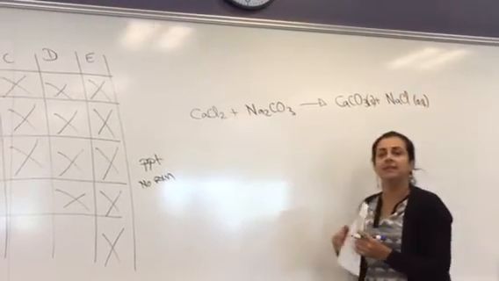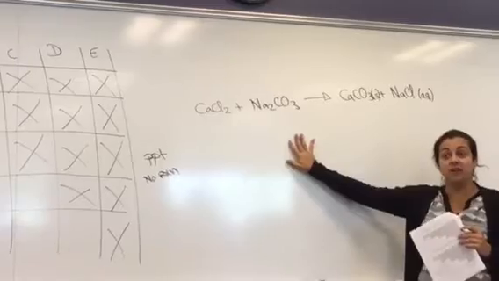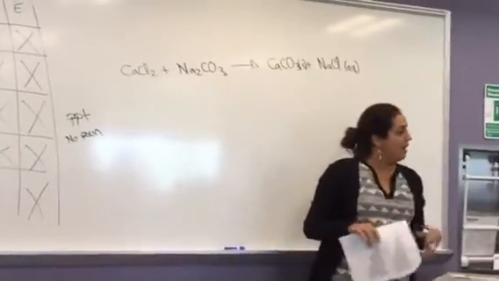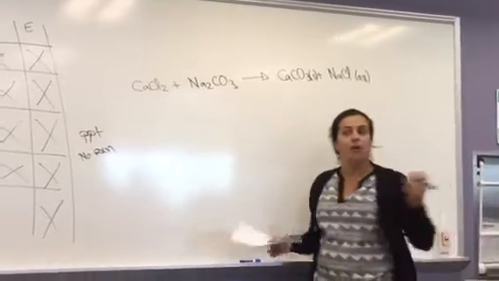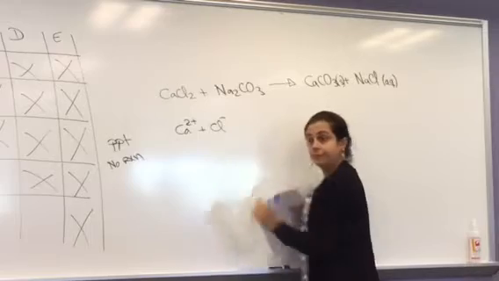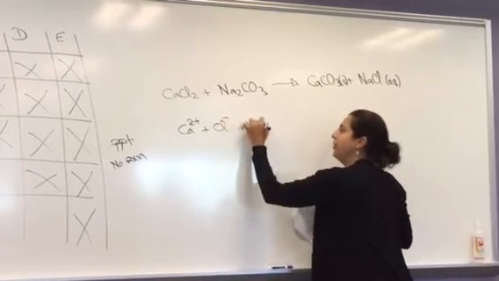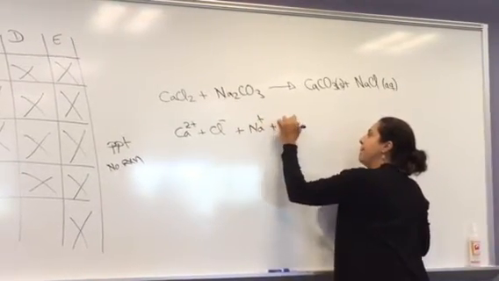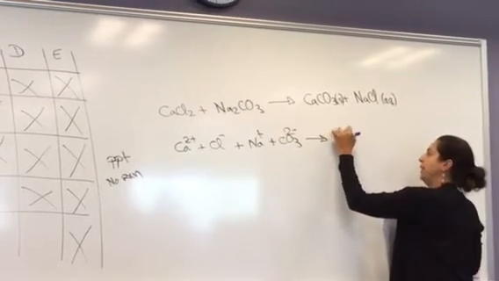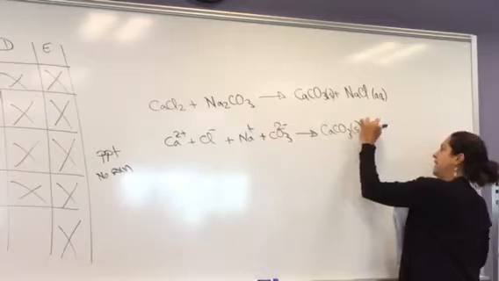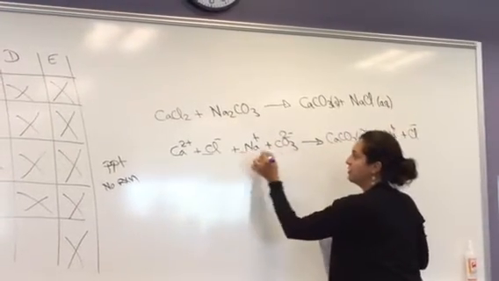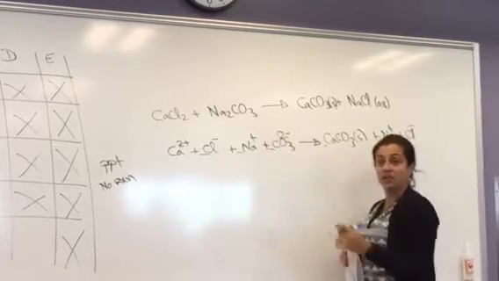What do we do next? Balance it. Very good. Once we have this balanced, we're going to write our complete ionic equation, where you will write the ions. You're going to write your ions, and you're going to keep going. Calcium carbonate is going to be like this and this. Don't forget that we are going to write the coefficients once we balance our equation.